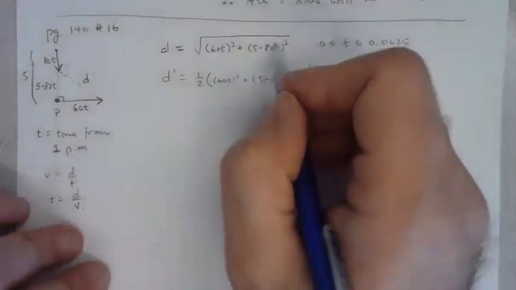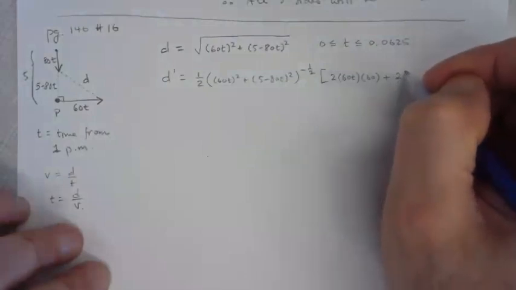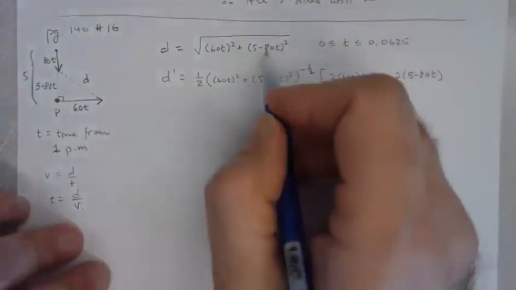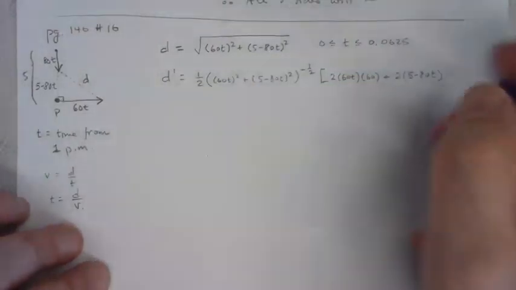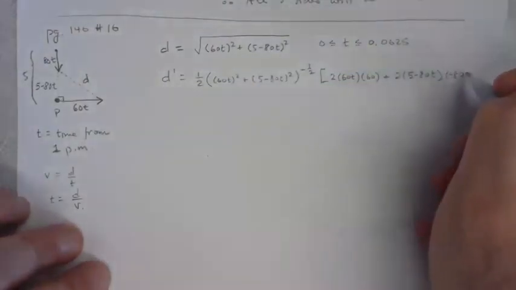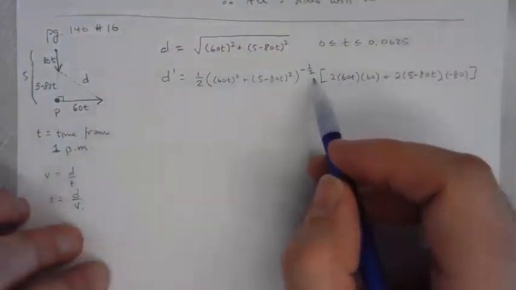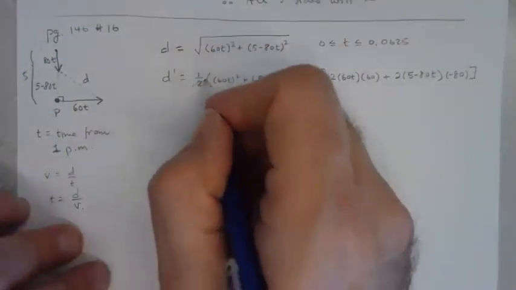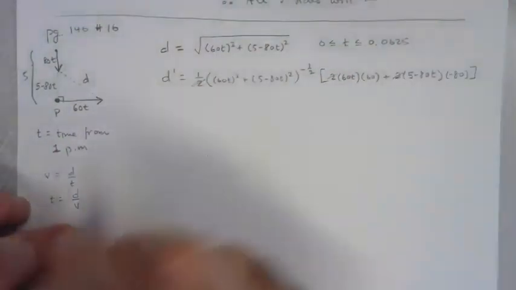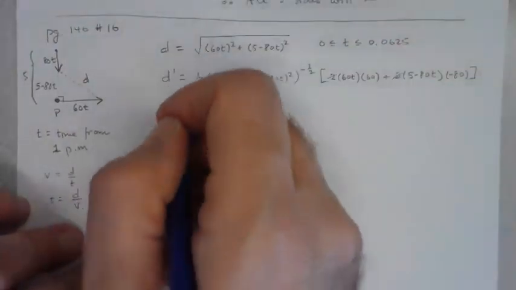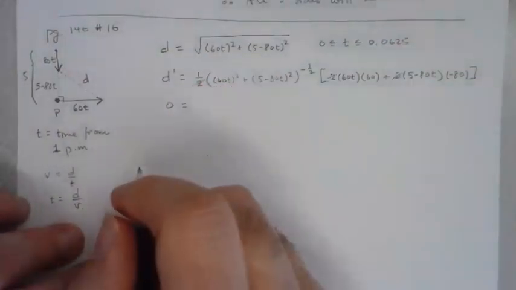Plus, again, the 2 is going to come down, 2 times 5 minus 80t times the derivative of this inside function, which is just negative 80. Now notice how I can factor out the 2 and reduce it with the 2 in the denominator. That'll at least make my life a little simpler. And of course, I want to make this derivative equal to 0.